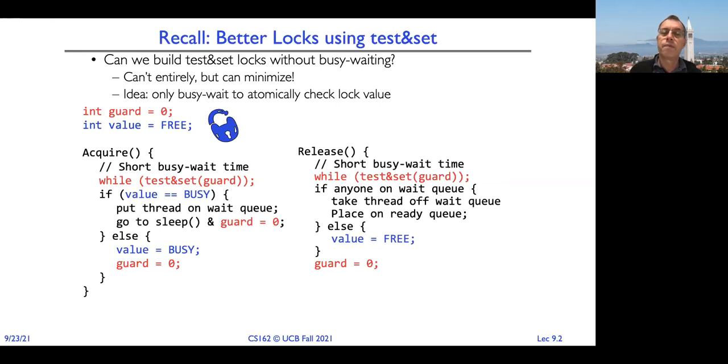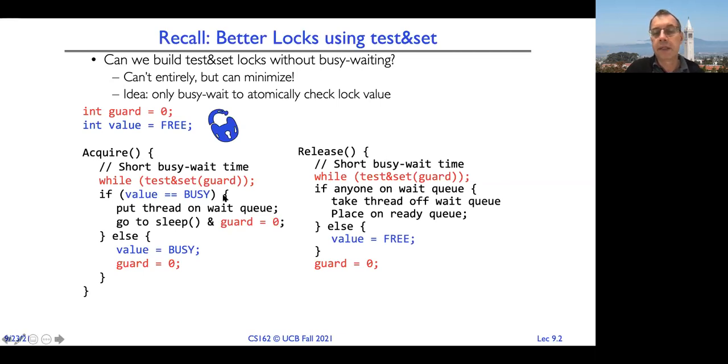Therefore, the preferred way to implement waiting is to go to sleep: put the thread on the waiting queue, and then be woken up when the previous thread exits the critical section. This is what you see here.